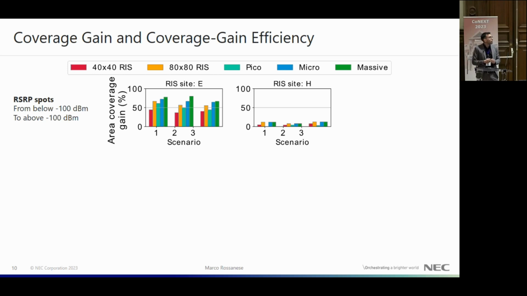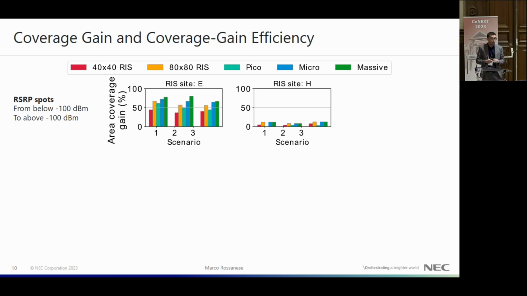Then for the other results analysis, the coverage gain, here we analyze how many spots were below the threshold at the beginning, in the baseline, and how many spots were recovered after applying an RIS or a base station. And it's possible to see that, in the same sizes as before, the 80 by 80 RIS is doing better than a picocell, especially in E, where the situation was dramatic at the beginning.